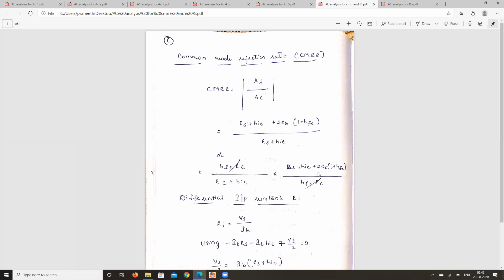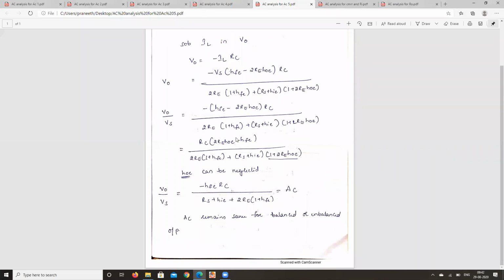Yes, good. So whatever AD I have got, I have substituted here. That is HFE RC by RC plus HIE, into what we have just derived as AC, that I have substituted here.